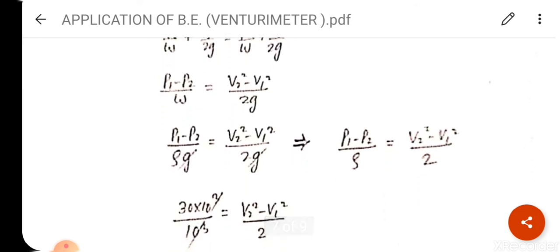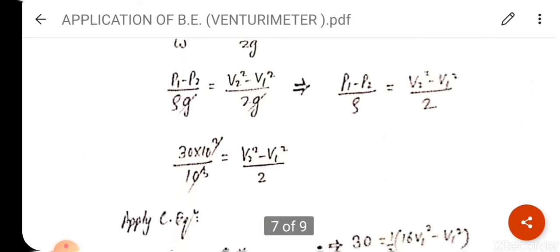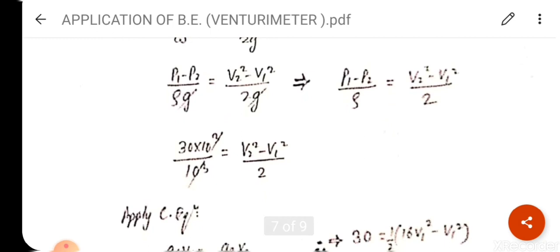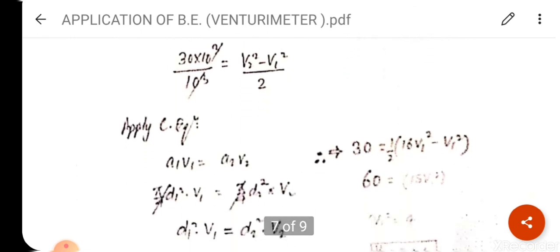Cancelling out the G term from both sides, we get (P1 minus P2) upon rho is equal to V2 square minus V1 square upon 2. Putting the value of P1 minus P2, 30 into 10 raised to 3, and rho as 10 raised to 3, this is equal to V2 square minus V1 square upon 2. This is equation number 1.